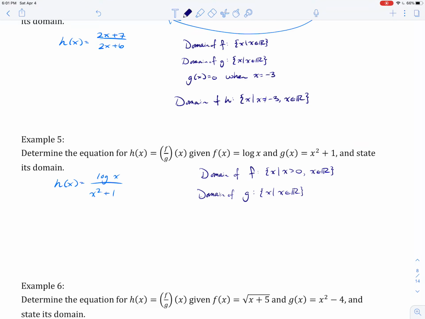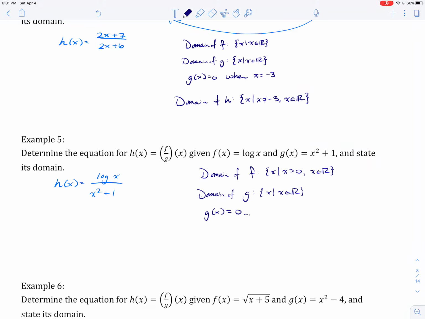There are the domains of the original functions. Y equals log x, well, you need x to be positive. Y equals x squared plus 1, that's quadratic. That has no restrictions, that can be any real number. Their overlap then is that x has to be positive. The other thing to consider, as usual, is where is g of x equal to 0?